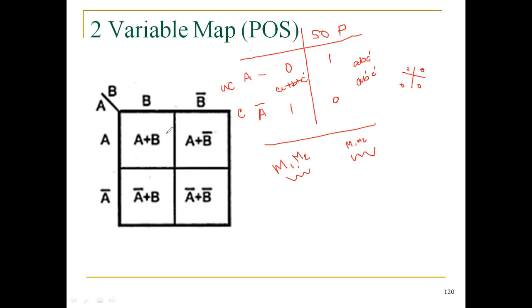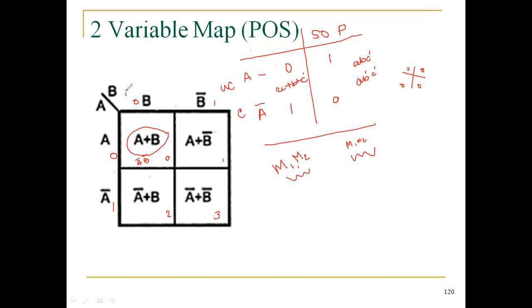In SOP format, the cells are called 0, 1, 2, 3. So here 0 means in SOP method A bar, B bar, because here it is 0, 1. Similarly here it is 0, 1. There the complement values are what? So here 0 means what?